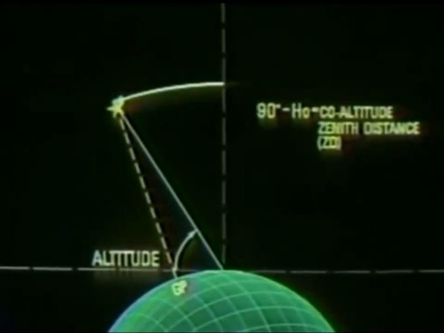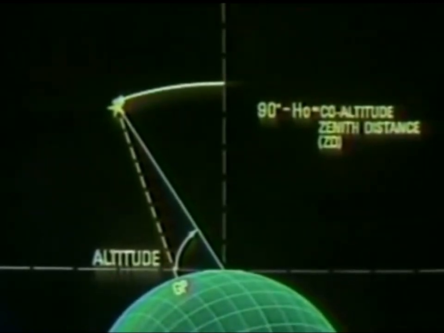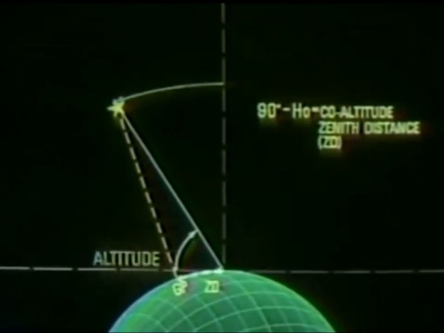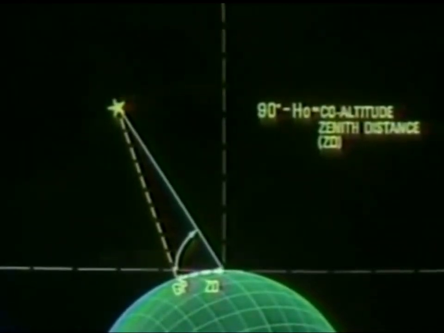The difference between 90 degrees and the observed altitude of a celestial body is called co-altitude, or zenith distance. This is an important angle to remember when you begin to use celestial navigation to plot a line of position, because zenith distance can also be expressed in nautical miles on the surface of the Earth.